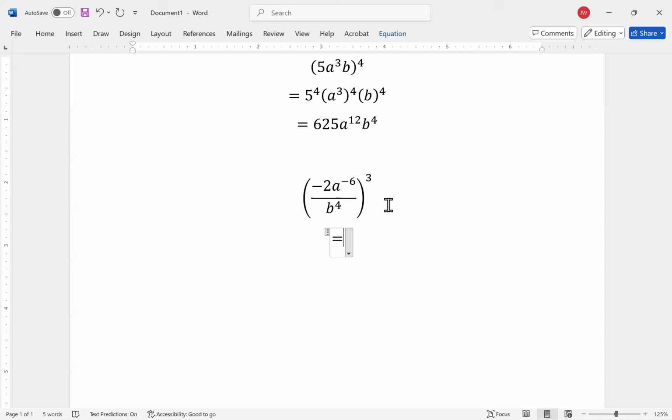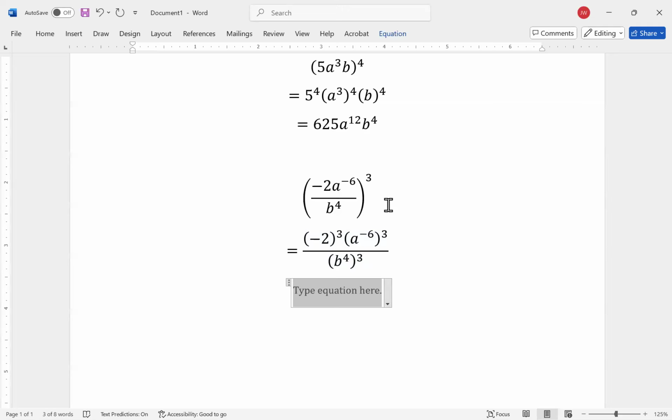In the second problem, we would have -2 raised to the third power, then a to the -6 raised to the third power, and then divided by b to the fourth raised to the third power.